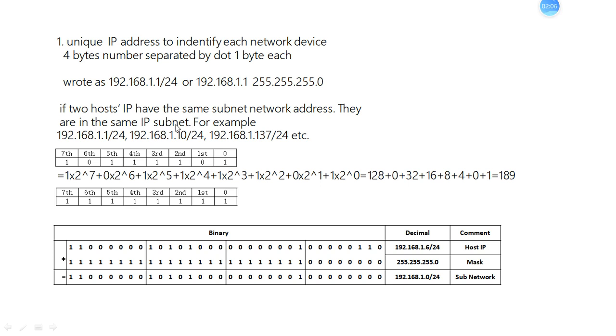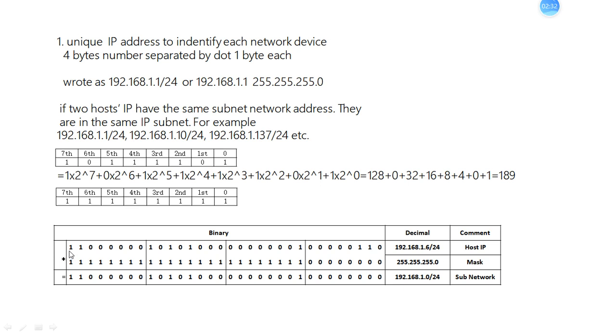How to calculate the subnet network address? Like this way. This is the IP address, you can see it in binary format, right? In decimal format, this IP address is 192.168.1.6/24. Okay, and this is the mask, in binary format and in decimal format.